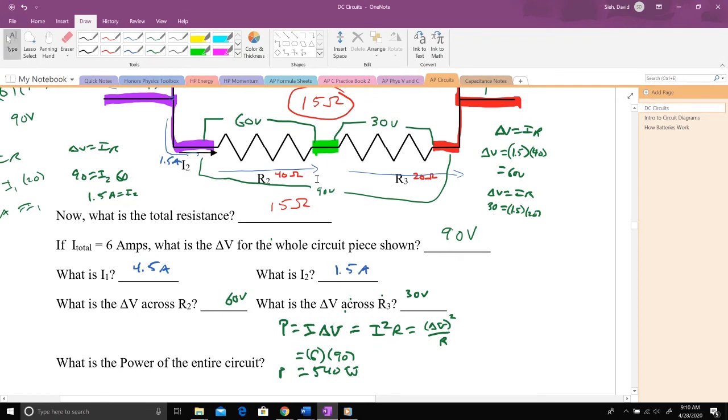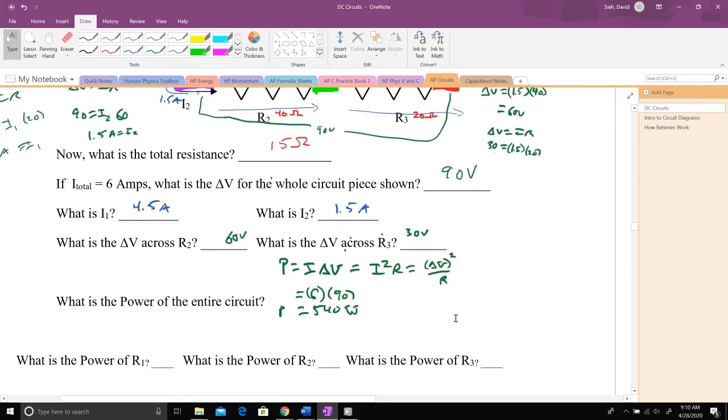If there was a battery powering the circuit, every second we're taking 540 joules of energy that was stored chemically in the arrangements of electrons and protons in the atoms of the two different electrodes of that battery. We're slowly rearranging them, changing that chemical potential energy and converting it into thermal energy in this circuit.